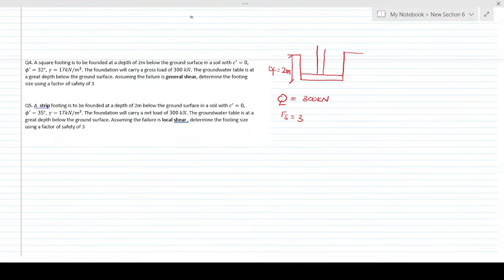We don't know the dimension of the square footing, so let me call it B, right?